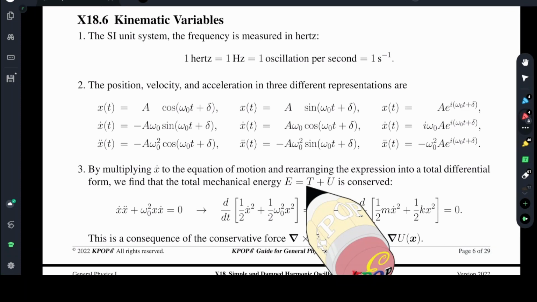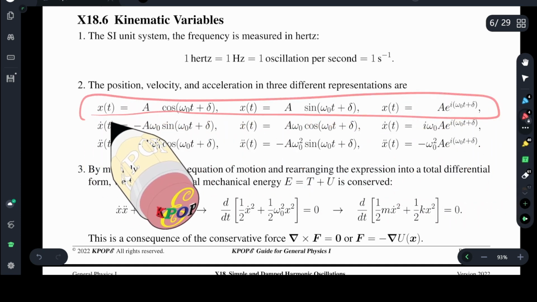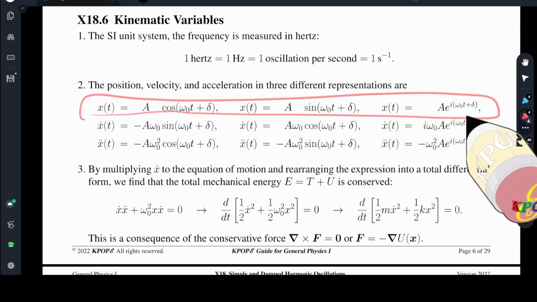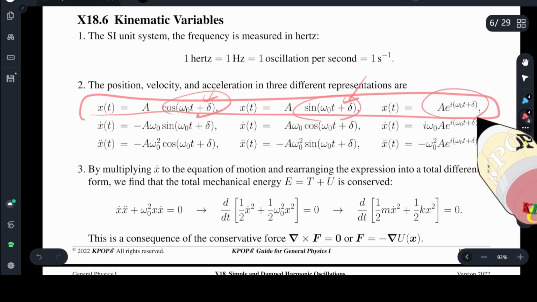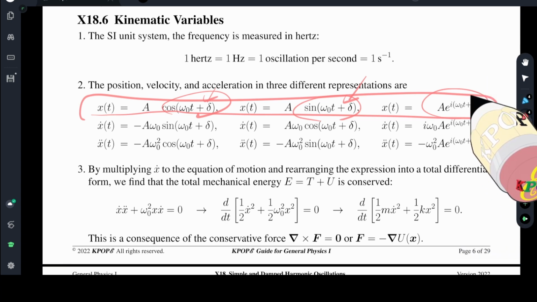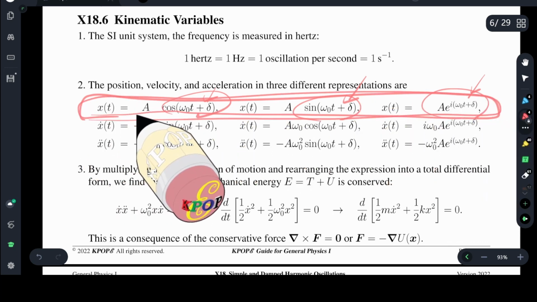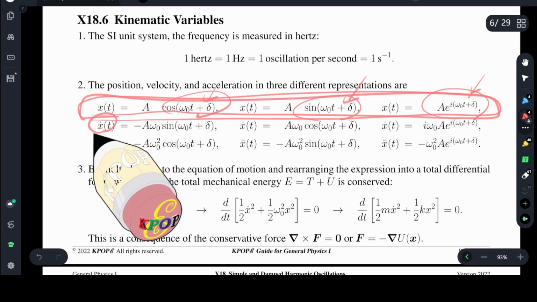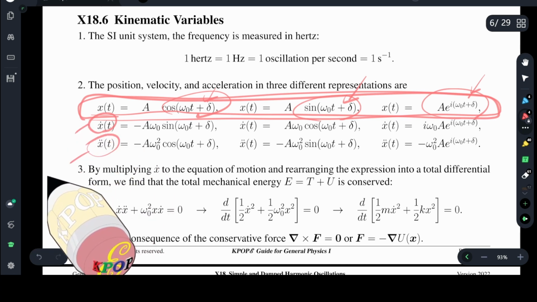Once you determine the solution for a simple harmonic oscillator, in one of these expressions, cosine with phase, sine with phase, or exponential function with phase, and finalize the expression, what you want to do is to compute the kinetic energy, potential energy, force, and so on. Then you need to take the derivative with respect to time once or twice. This is velocity, and this is acceleration.